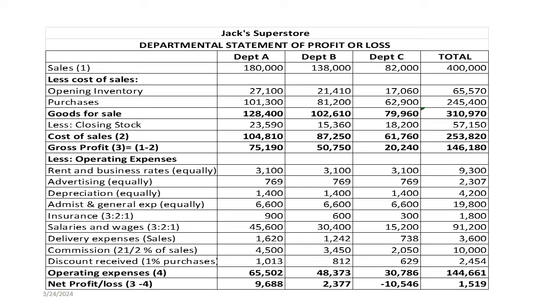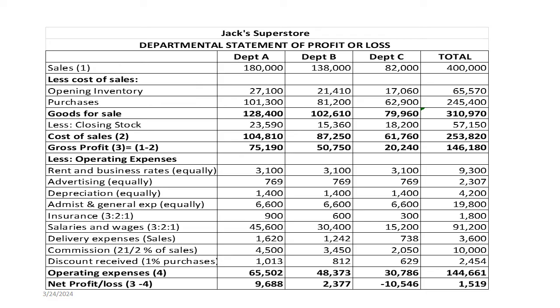Department A, B, C, and the total, which signifies Jackie's Superstore, the total organization. It will be 400,000. So we make sales for departments A, B, C, with a total sales of 400,000.